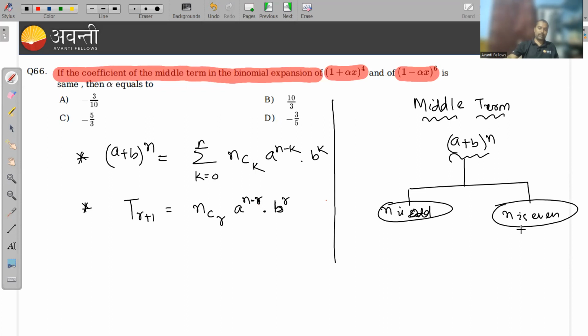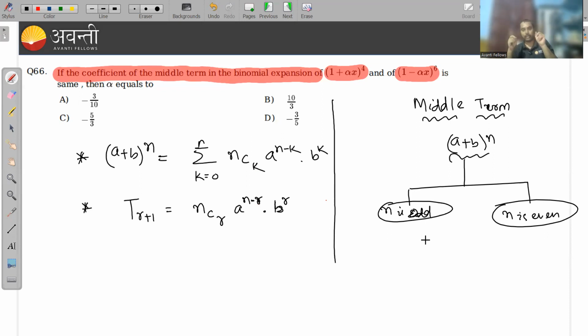In case n is even, you are getting n plus 1 number of terms, which will be an odd number of terms in the expansion. When you have an odd number of terms, how many middle terms will there be?